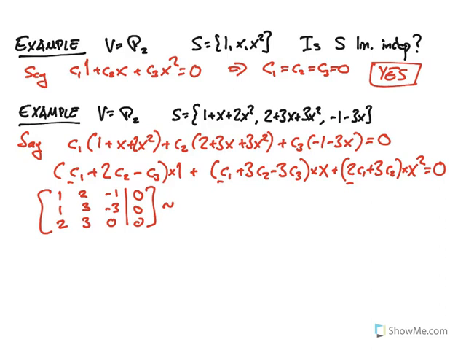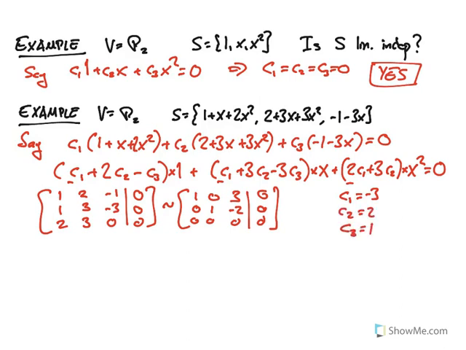So this is row equivalent to 1, 0, 3, 0, 1, minus 2, 0, 0, 0. So the non-trivial solution now is C1 is minus 3, C2 is 2, and C3 is 1.